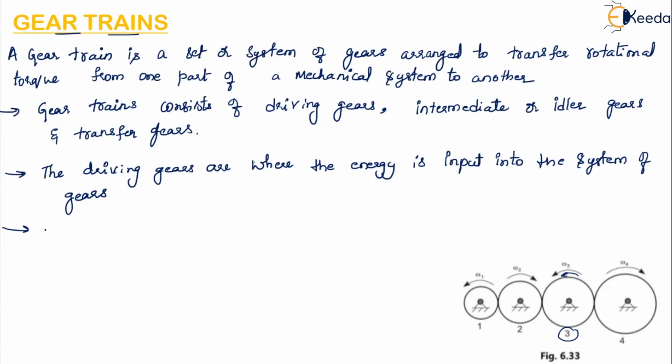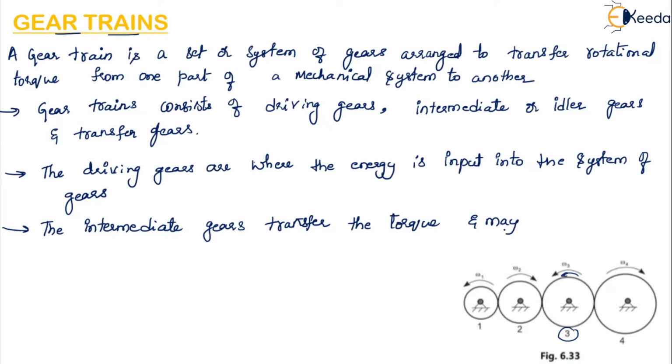Then the intermediate gears transfer that torque and may reduce or increase it according to the gear ratio involved. So what is the function of these intermediate gears? They will transfer the torque, and they may reduce or increase the torque according to the gear ratio.